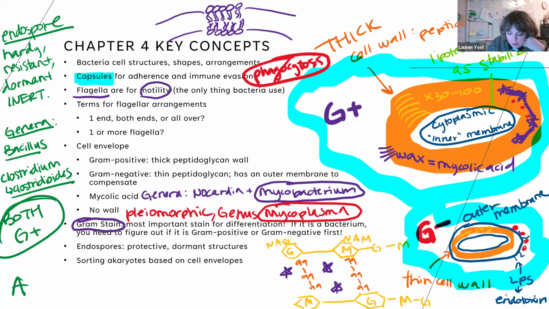And then the active form is vegetative. I want to draw this out, so just bear with me. Basically, vegetative is active.